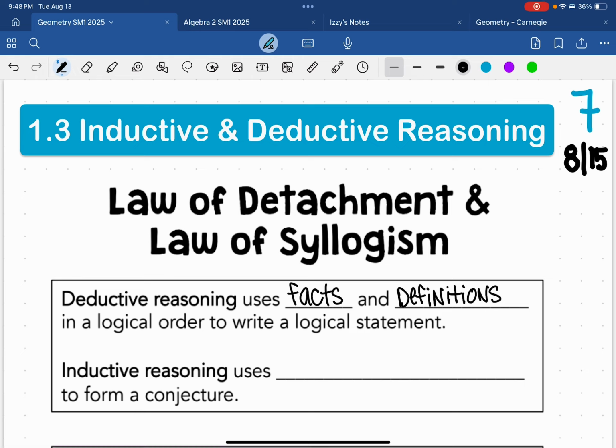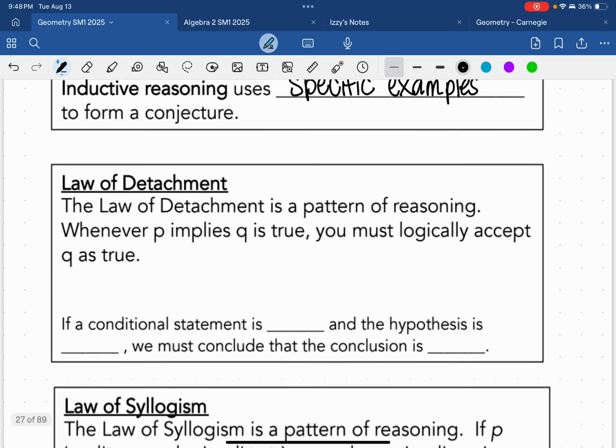Inductive reasoning uses specific examples to form a conjecture. So we have to use very specific things that we are given, and we can't really deviate very much when we use inductive reasoning.